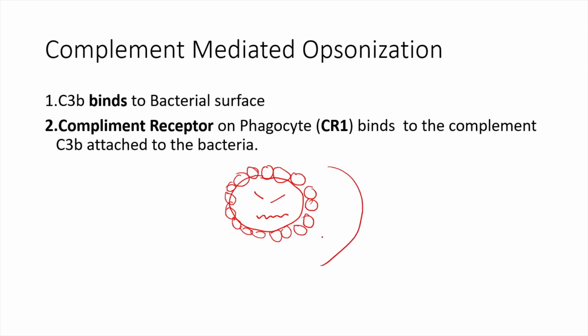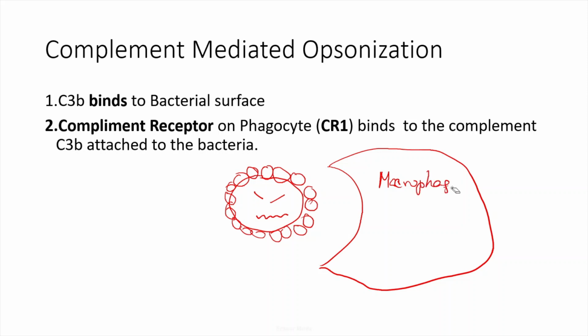Then we have our good guy here, which is a macrophage, or phagocyte. Mainly we're talking about macrophages here. Now you coated it, but you still need something to interact with this coating so that it can be taken up, or eaten, more easily.